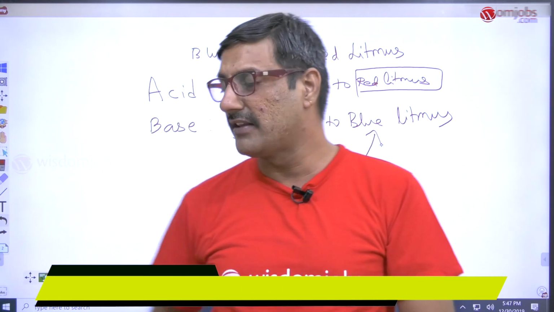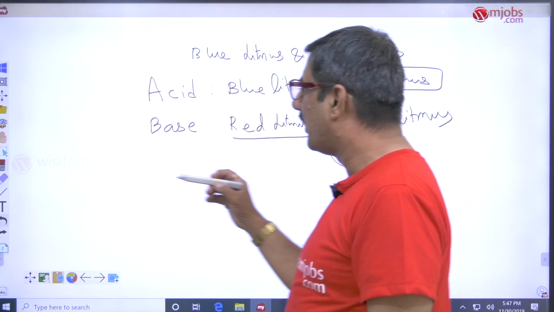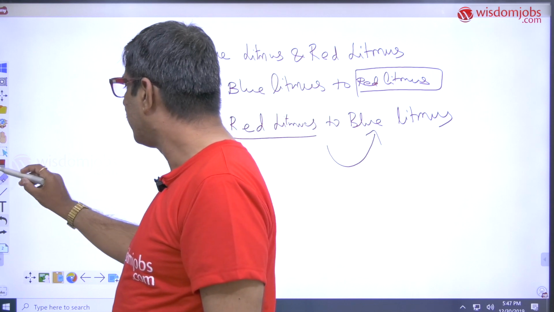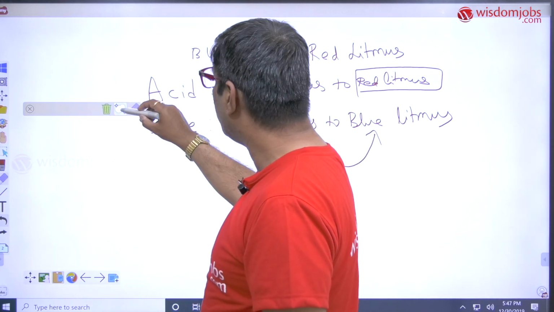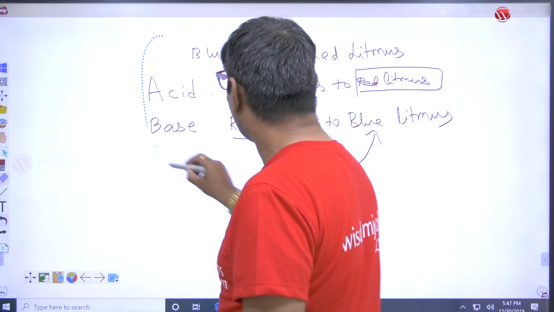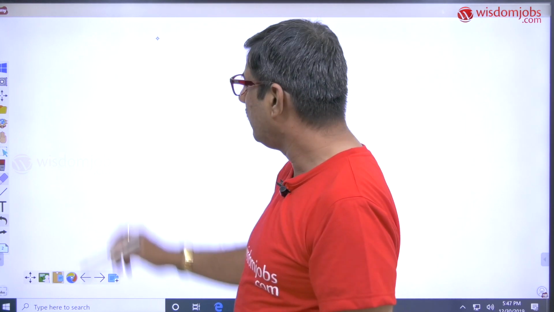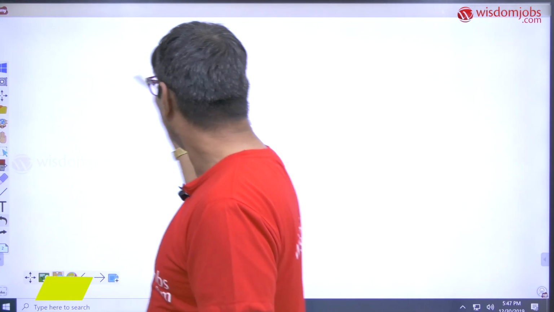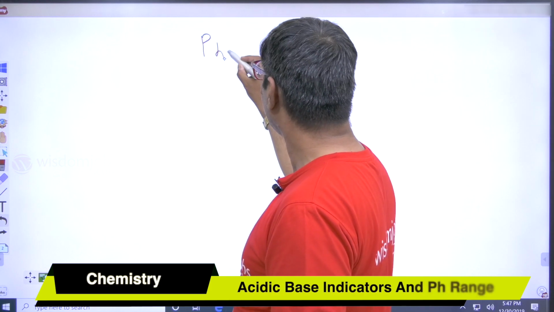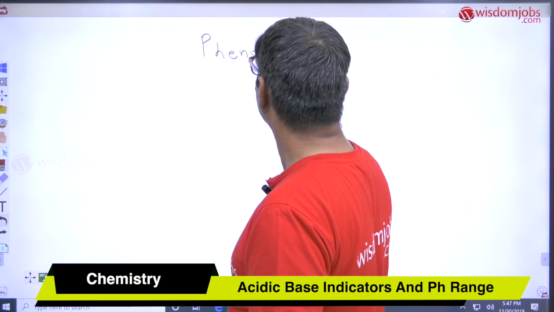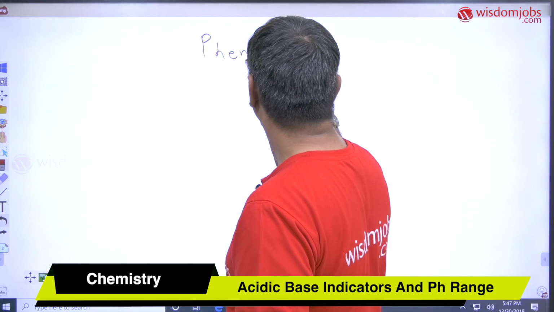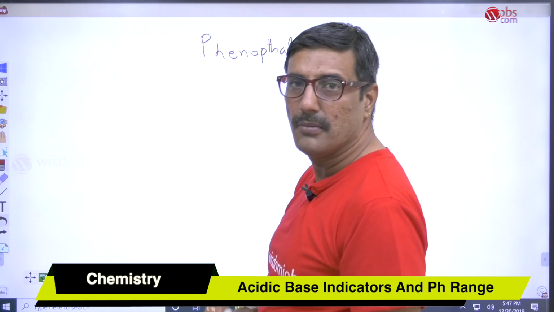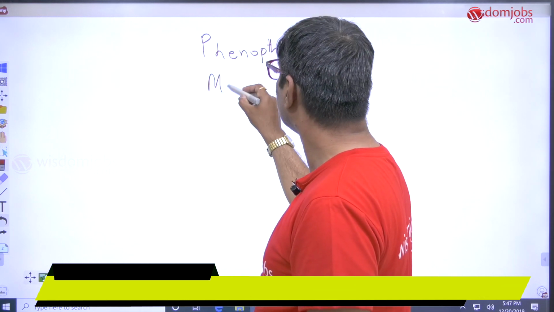Now you have other types of indicators, the colored indicators. The colored indicators are phenolphthalein and methyl orange. So we have two indicators: one is phenolphthalein and the other is methyl orange.